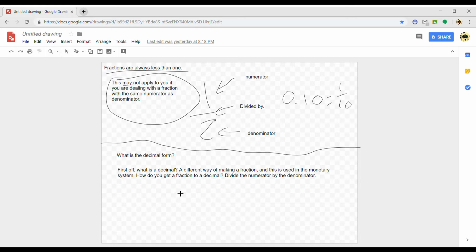However, if you're working with 2/2, then your fraction would fall in here, and this is equal to 1. So yeah.